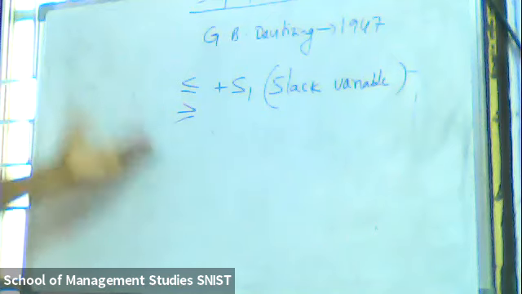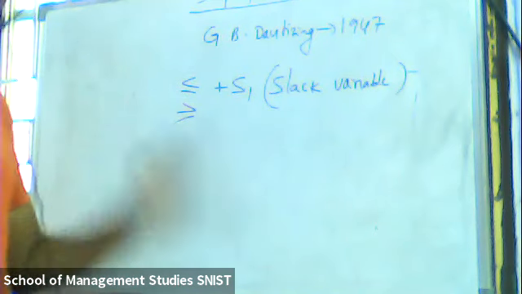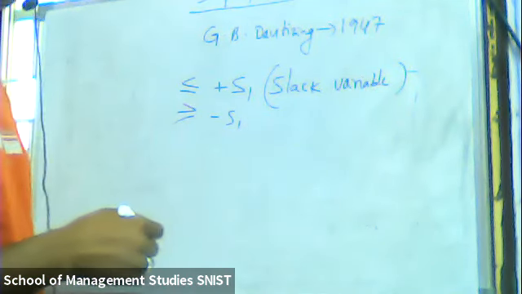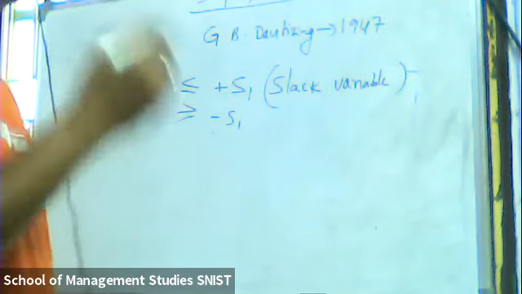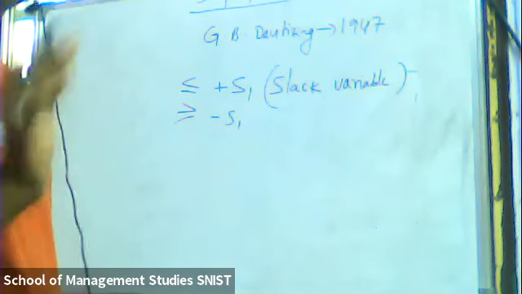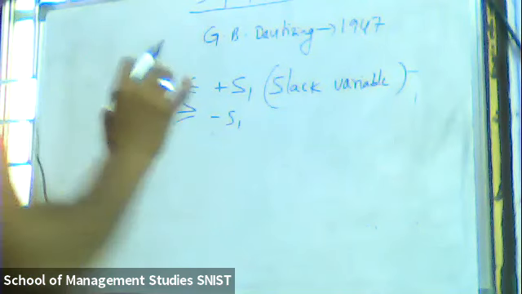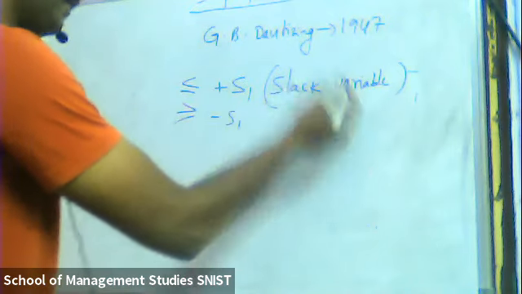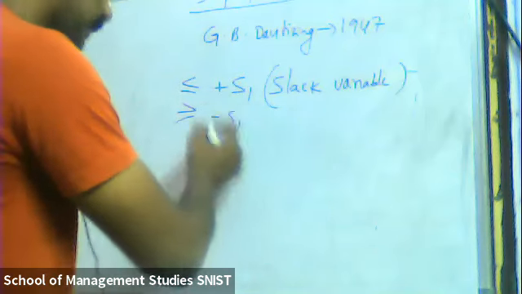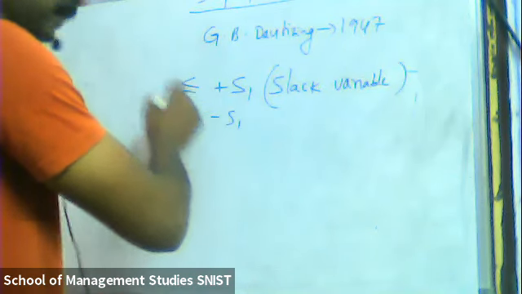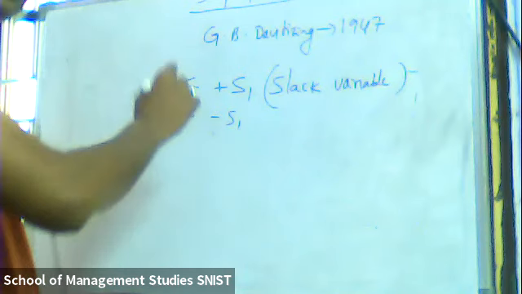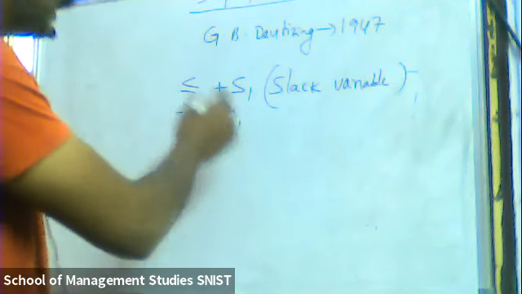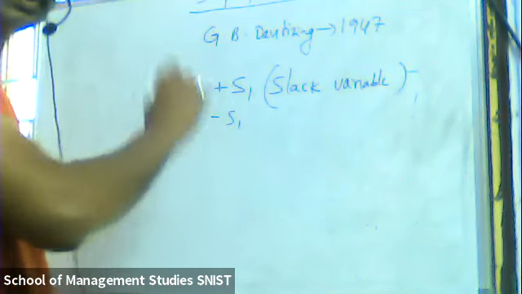If the given constraint is greater than or equal to, to make the inequality an equality, we subtract minus S1, and we add plus A1. That plus A1, keep aside, we'll discuss later. So what is this minus S1? Slack variable is also S, and for the greater than or equal to constraint, to convert it into equal format, we subtract one more variable, called the surplus variable.